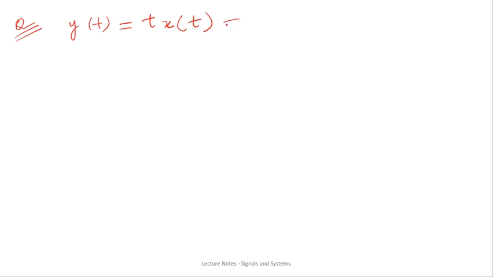So this is the input output relation of a system, and you have to determine whether this system is linear or not.